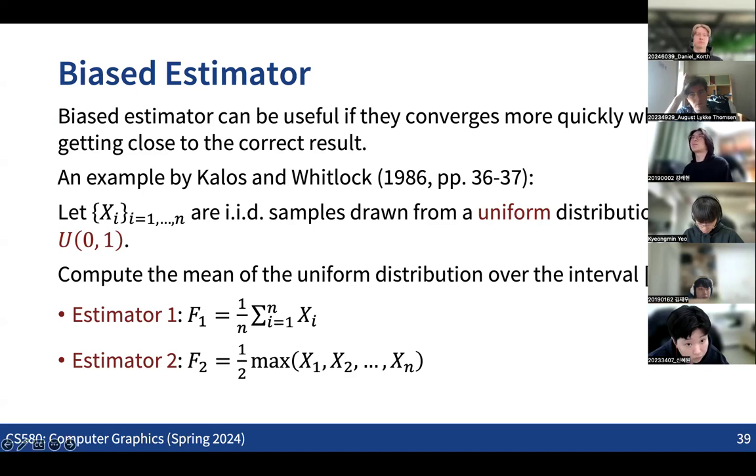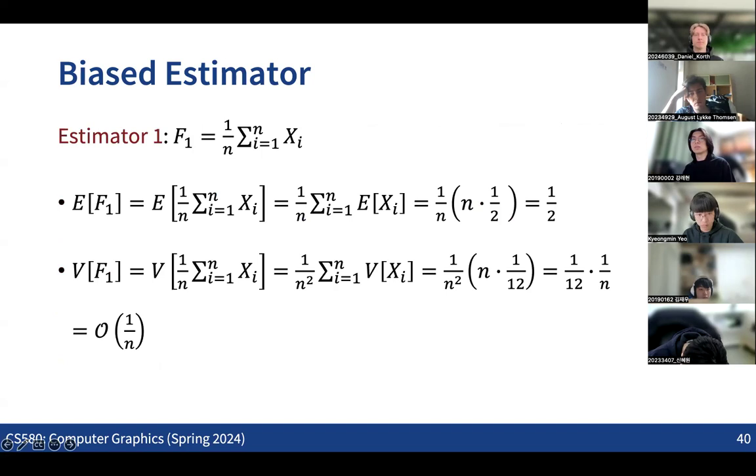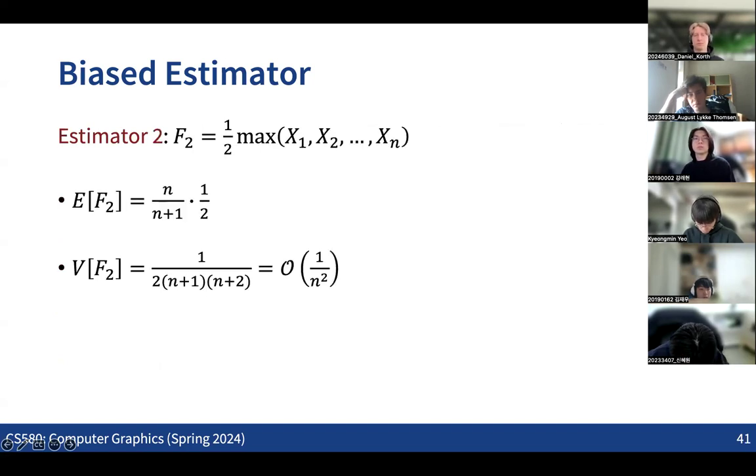Typically we get a value smaller than the real value. But this estimator converges much faster. I'm going to skip some details because the derivation of the expected value and the variance is much more complicated.